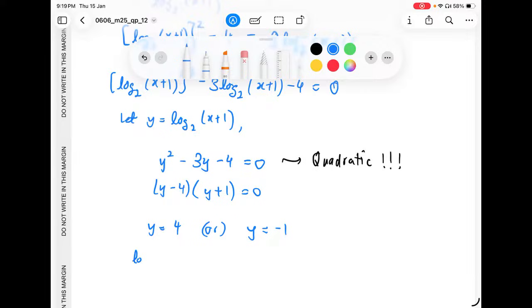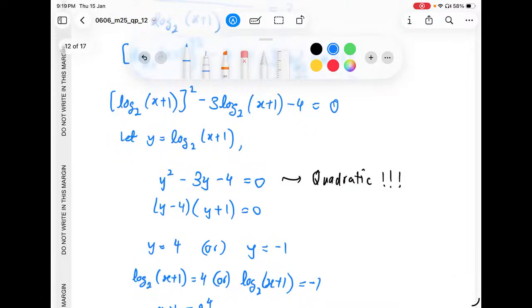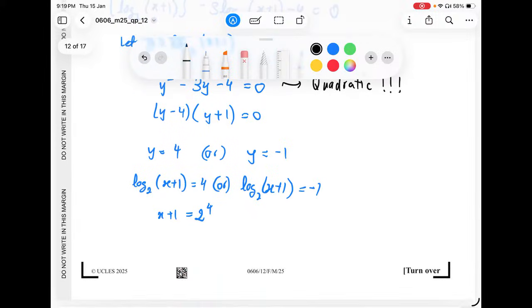Now you substitute that: log_2(x+1) equals 4, or log_2(x+1) equals negative 1. When you move the log_2 to the other side, it's basically going to be x plus 1 equals 2 to the power 4. The law we use here is, if log_a b equals c, then to find b, you do a to the power c.